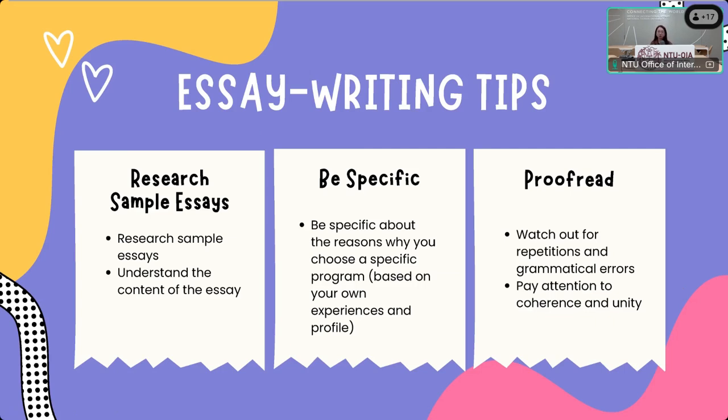So that's too general. I would say be more specific. It has to align with your passion and your goal, what you really want. So we need to be very specific about the reasons why we want to apply to our chosen departments.